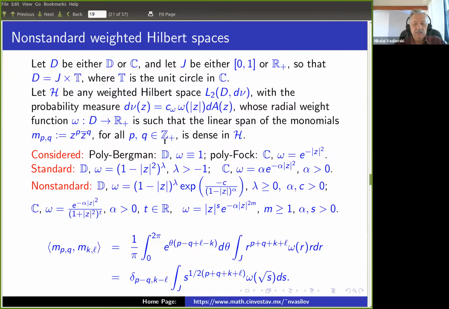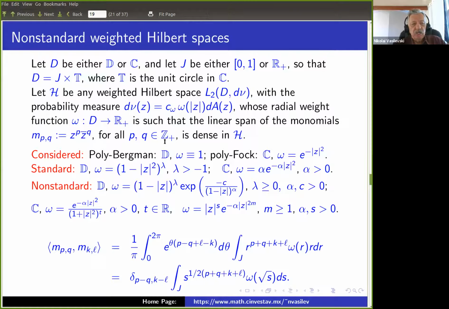Now let us turn to our initial setting. We consider a domain D being either the unit disk or the complex plane, and denote by J either the unit interval or R plus, so that D is always J times the unit circle.